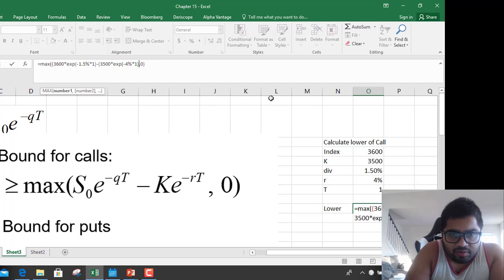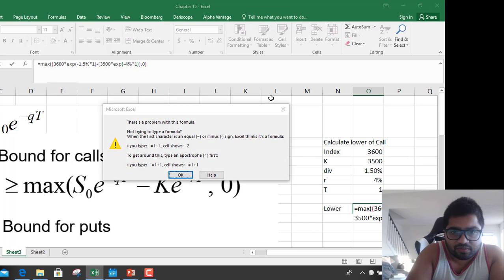Now we have not closed the brackets properly, that's why it's showing an error.